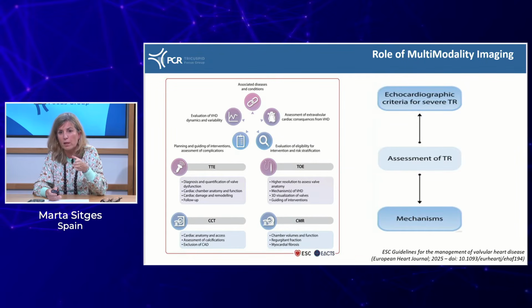But more importantly, and again, this is the first time that the guidelines highlight this, because these are different phenotypes of tricuspid regurgitation, it's really important to understand the underlying mechanism, because each one will have a different approach, including different medical therapies or interventions.